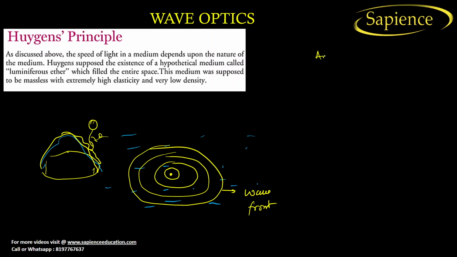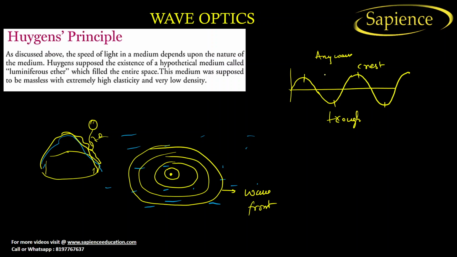Let us suppose any wave is there, like this, and it is moving like this. Now the topmost part is considered a crest, and the lower part is considered a trough.